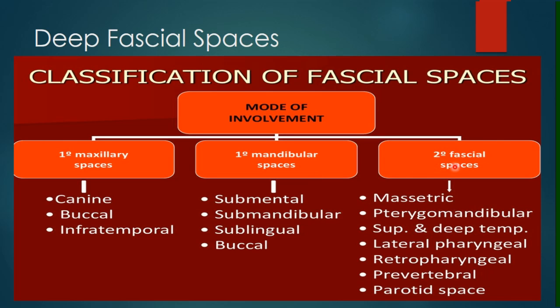The secondary facial spaces, this could be due to the infection happening to these sides and leading to the involvement of these spaces, except the masseteric and lateral pharyngeal and parotid spaces. These we can also consider primary involved spaces due to infection of third molars.